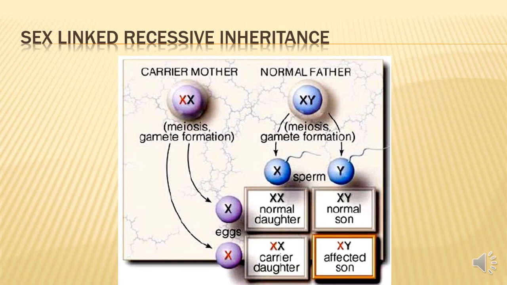As you can see here, the daughters will be either normal or carriers and the sons will be either normal or diseased.